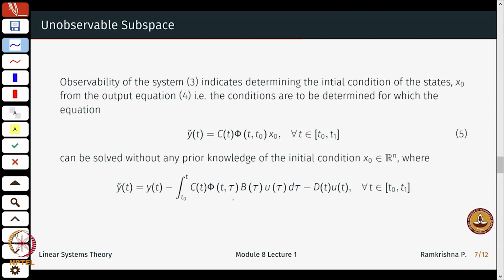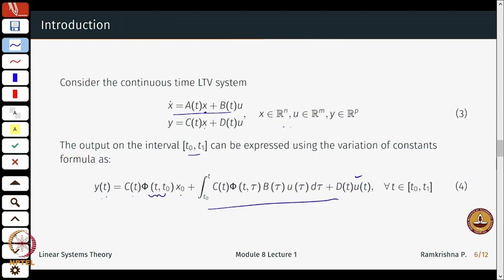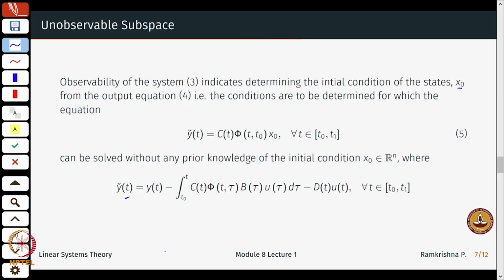Observability of this system indicates determining the initial state x naught from the output equation. So this was the output equation, and I want to see if I can determine x naught from the output conditions.